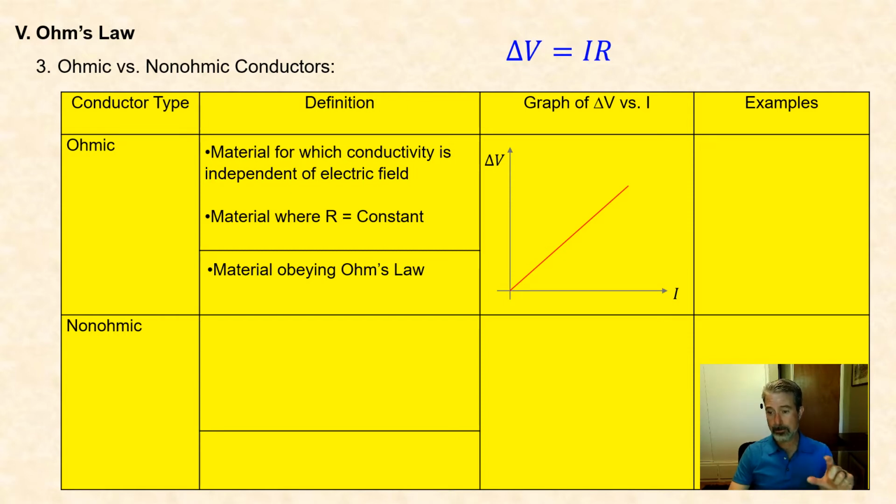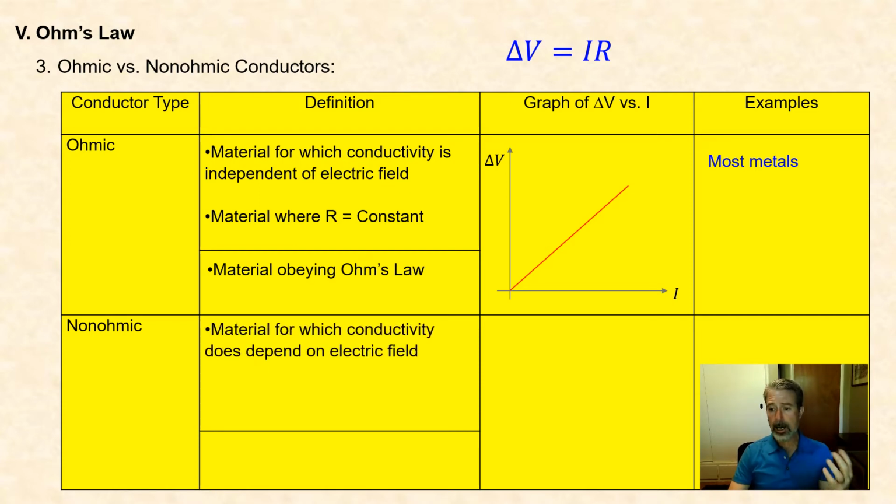When you look at the graph of potential difference versus current, the resistance is simply the slope of that graph. It turns out that most metals are ohmic. They obey Ohm's law. A non-ohmic conductor, a non-ohmic material by contrast, would be a material where the conductivity does depend on the electric field, in which case the resistance is not constant for that material.